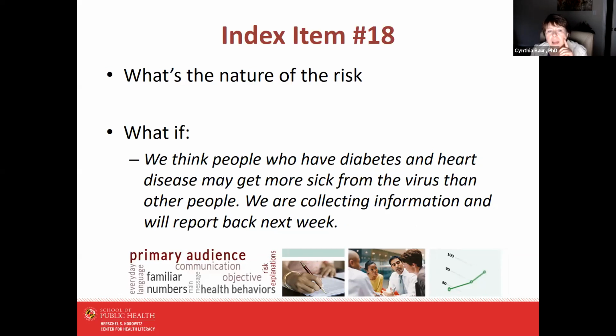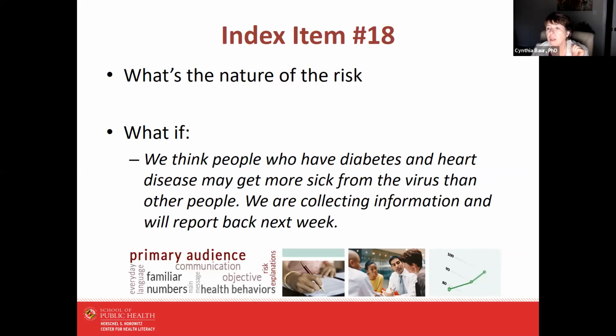Index item number 11 says we need to tell people what is the actual nature of the risk so they can evaluate for themselves what they need to be doing. So again, this is a hypothetical example of what we could have said. We think people who have diabetes and heart disease may get more sick from the virus than other people. We are collecting information and we'll report back next week.